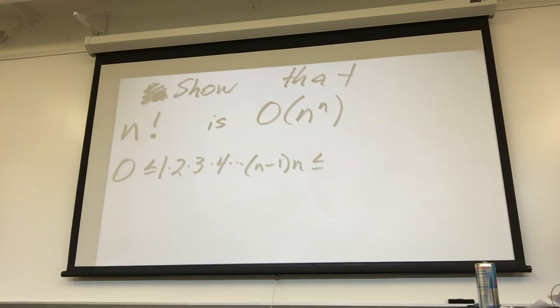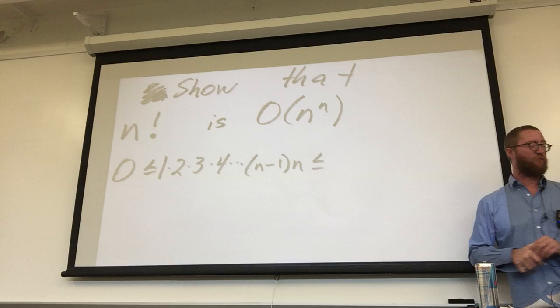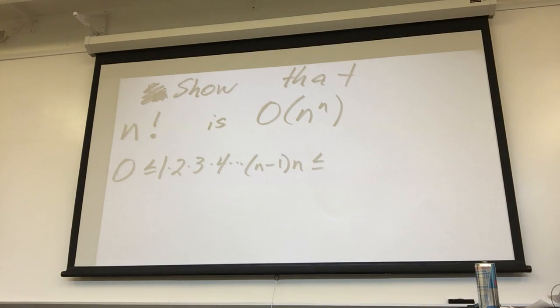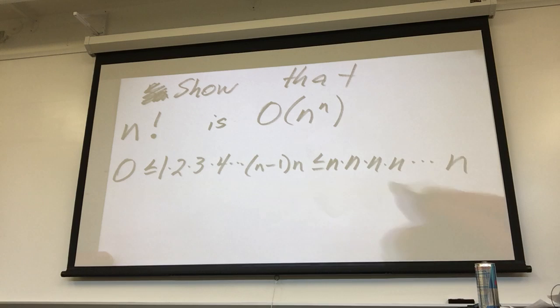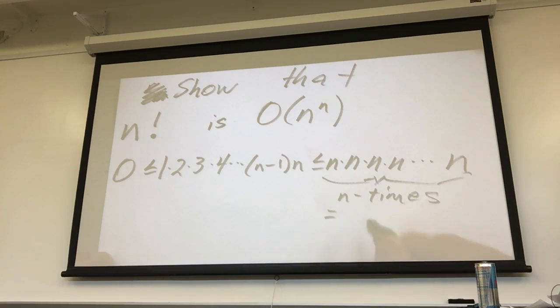And we want this to be bounded from above by big O of n to the n. Well, n is greater than 1, n is greater than 2, n is greater than 3, n is greater than 4, all the way up until n. N to the nth power.